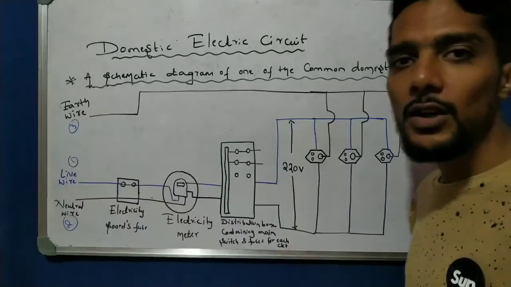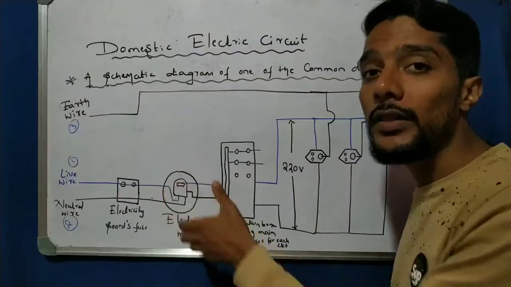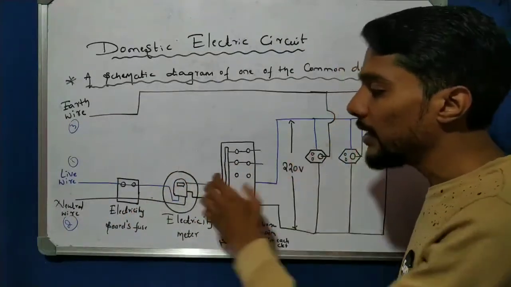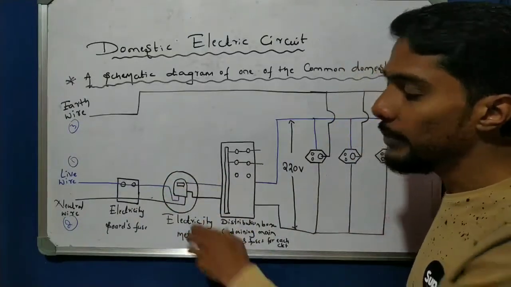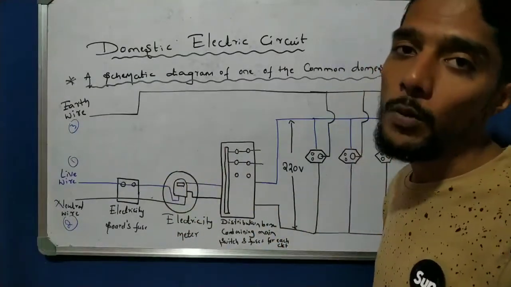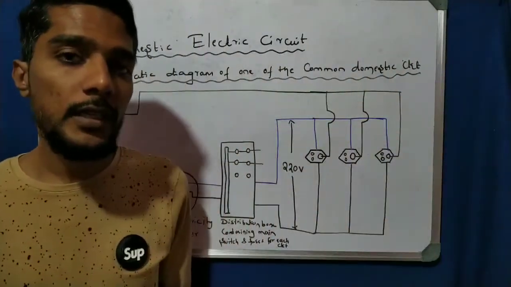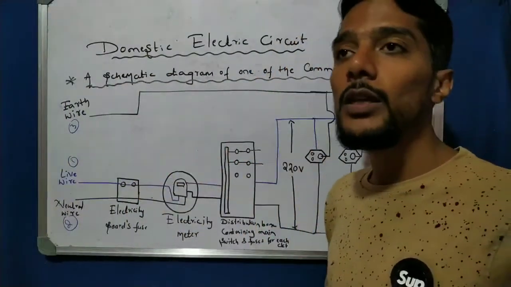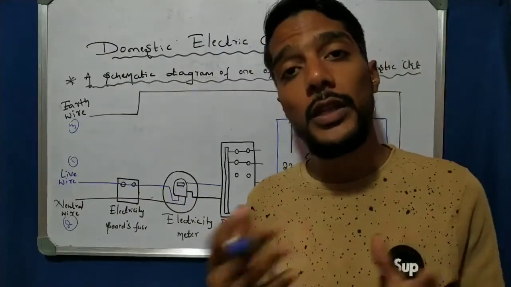This digital meter calculates how much current is flowing into the home, and helps us take a reading and pay the amount to the electricity board. For my native home we pay the meter bill to the Hubli board, and for Raichur districts it is paid to the Gulbarga board.